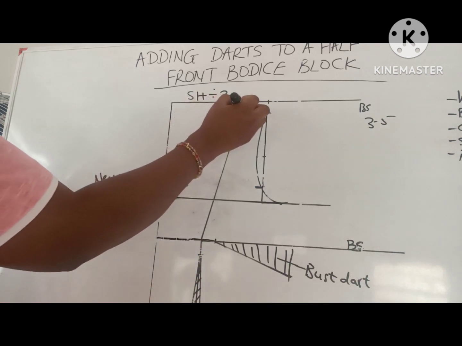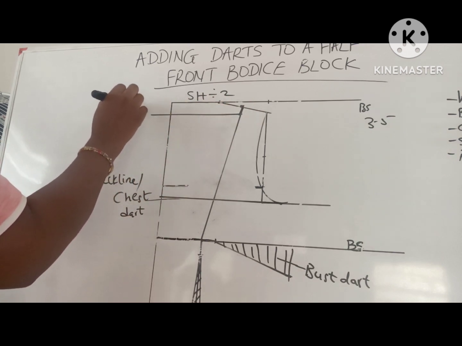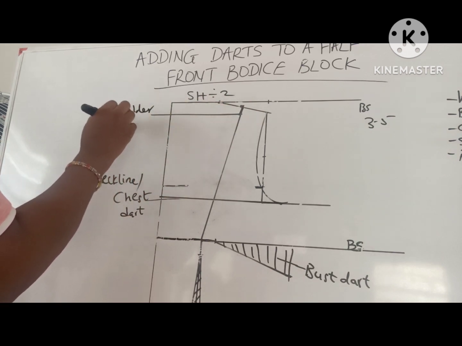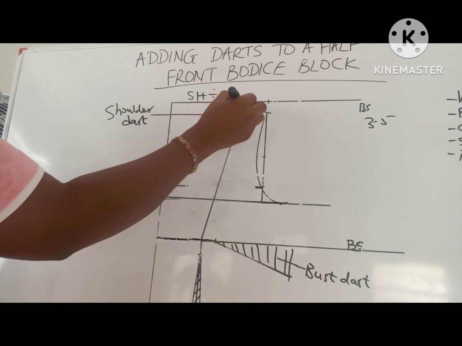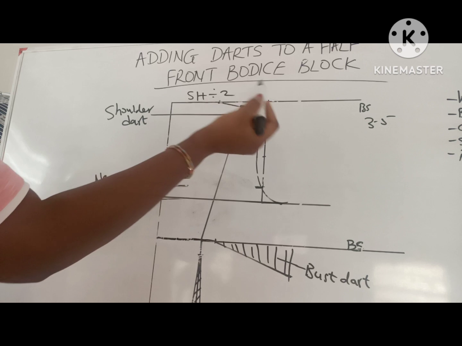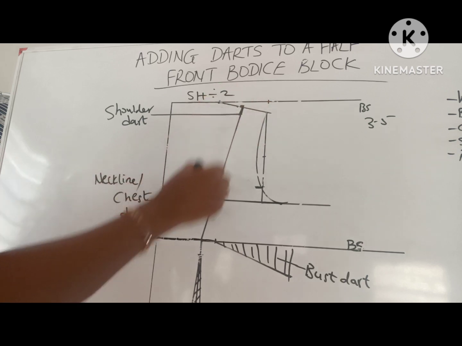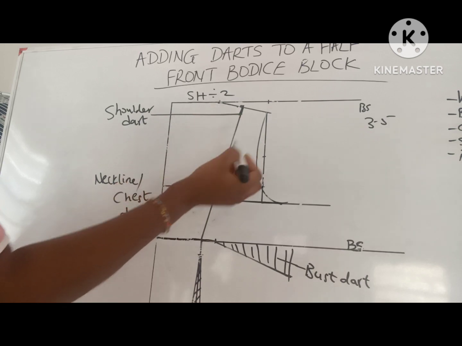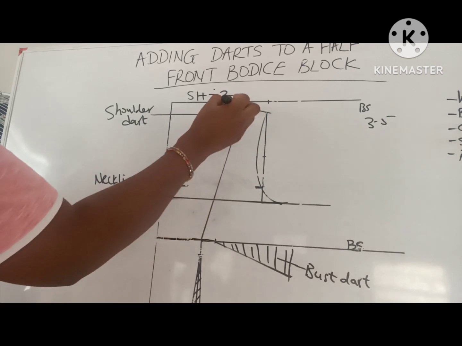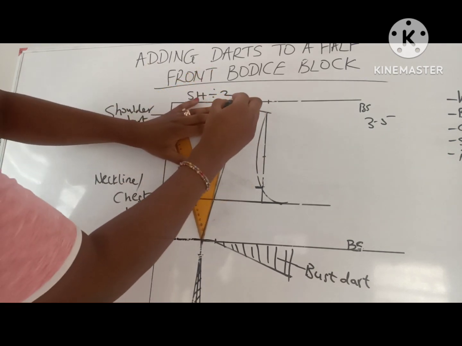So this is the shoulder dart. Coming from the shoulder, you can decide to take ½ inch on both sides and connect, probably stop around the chest area like this.